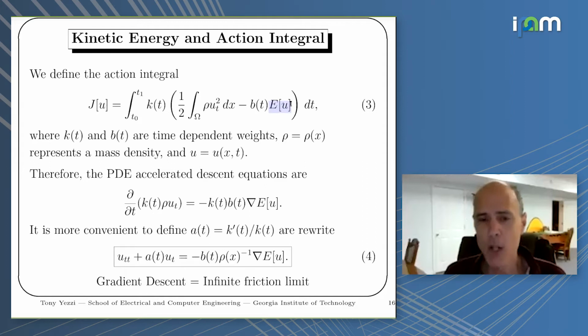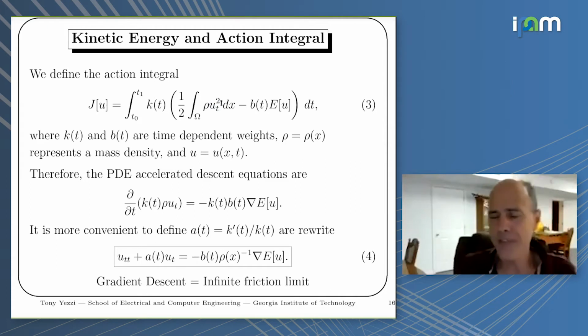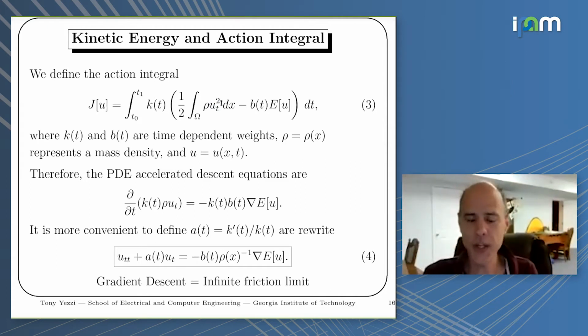So now what we do is we take that same cost functional, that becomes our potential energy term, and then we take the time derivative of the evolving estimate of the function, and we multiply it by some kind of a density. When we're in finite dimensions, we can just think of evolving a single point in some high dimensional space. We can think of it as a particle with unit mass.